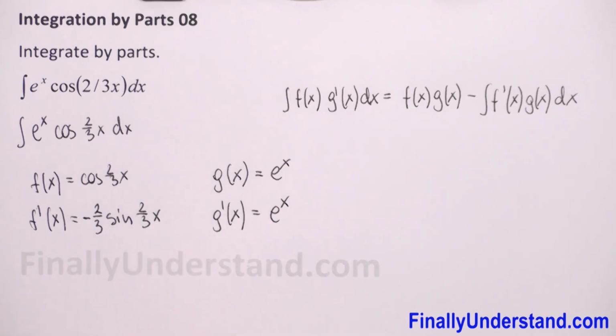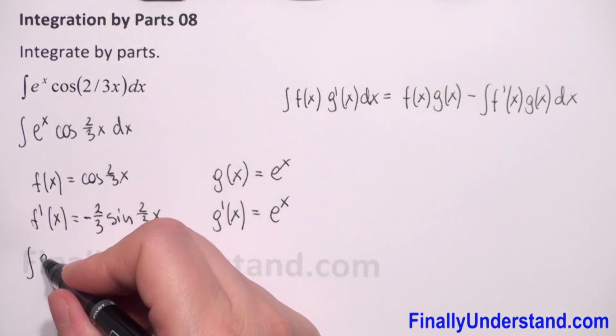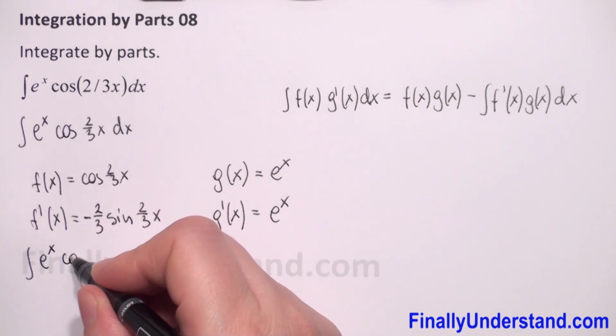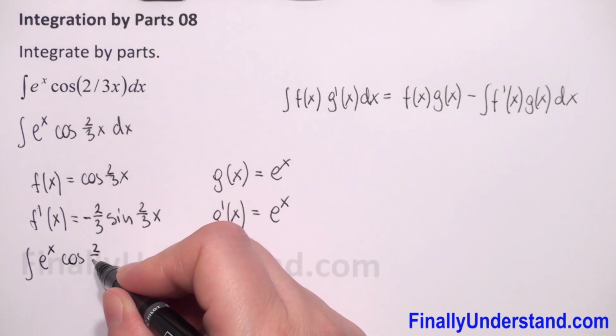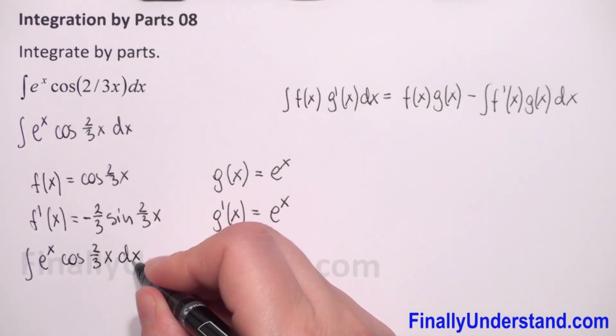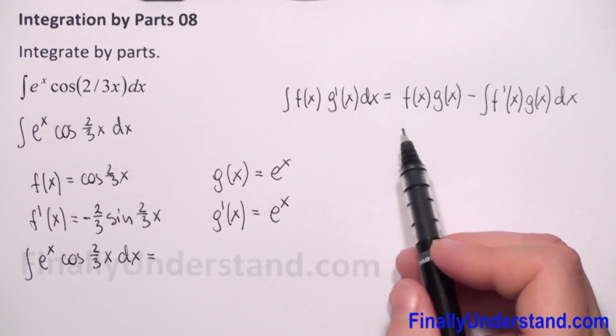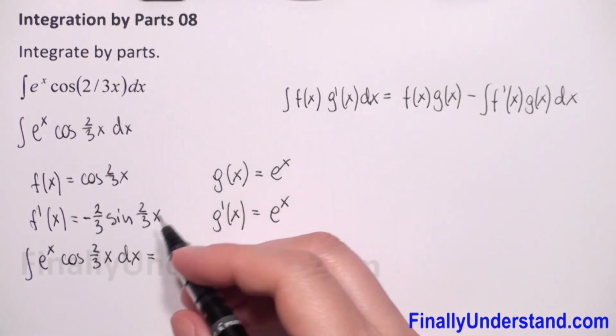Now we can rewrite our integral of e to power x times cosine of 2/3x with respect to x to this form. So it will be f times g.